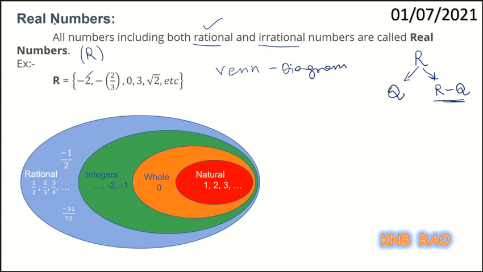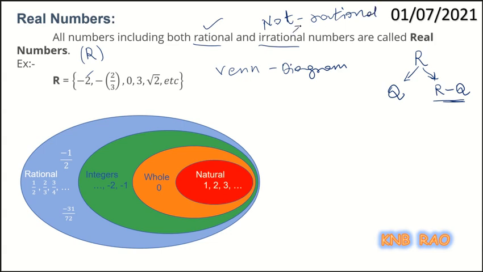Now, what does this real numbers in Venn diagram look like? See children, real numbers include rationals as well as irrationals. You know, no irrational number is a rational number. Irrational is actually a phrase of not rational.